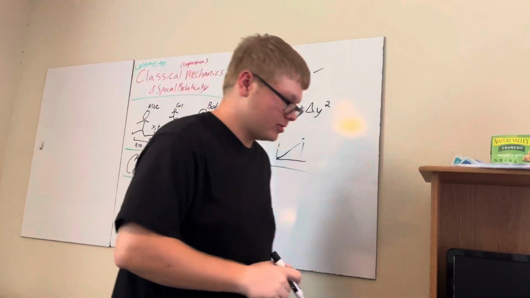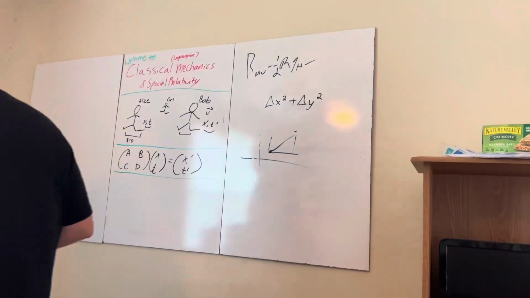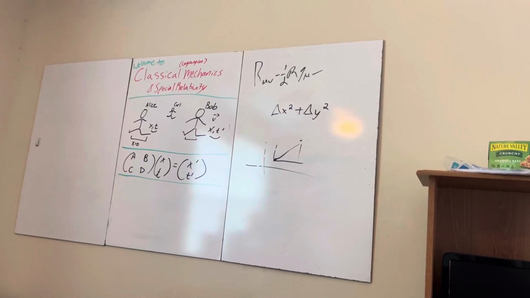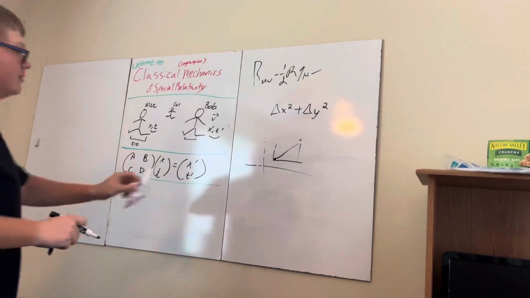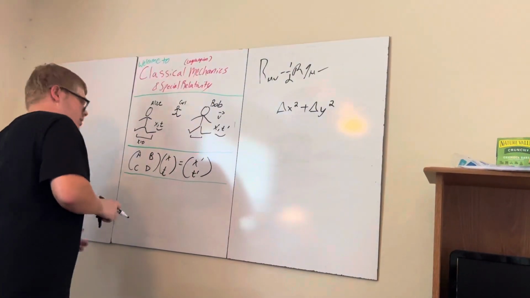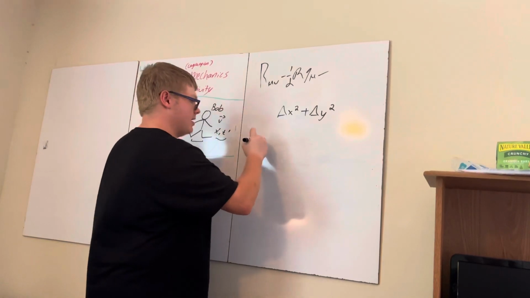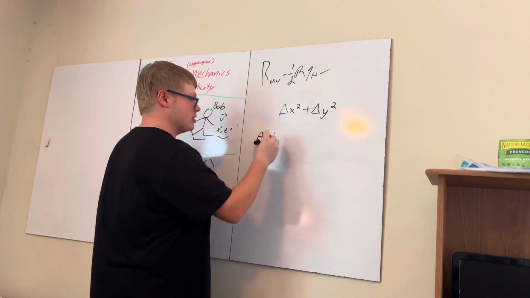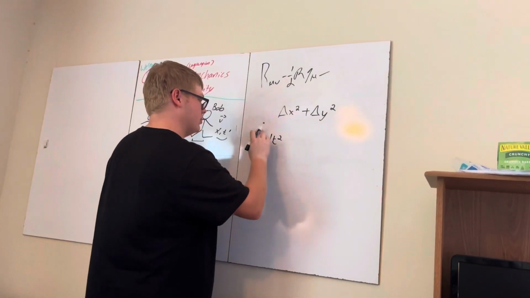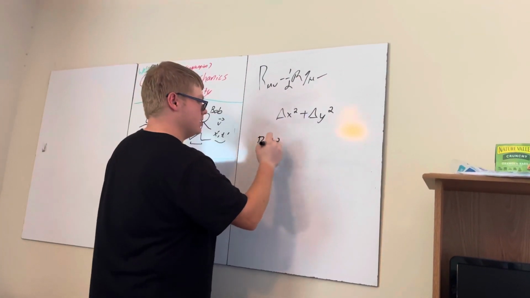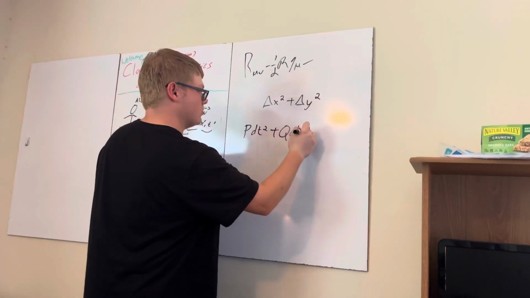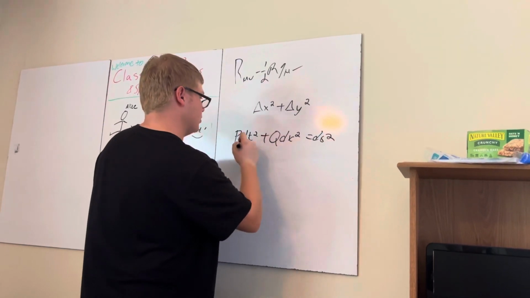I didn't draw that very well. I need an eraser. Let's copy over a piece of paper. In this case, we want a generalization of that, but for space-time. I'll say p times delta t squared plus q dx squared equals ds squared, where these are constants.